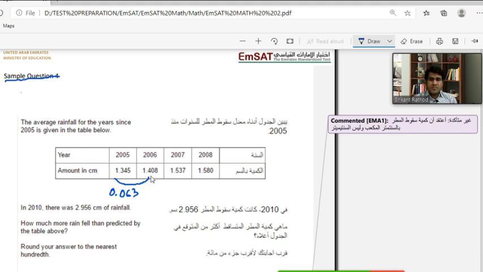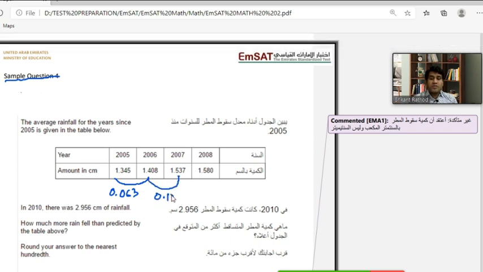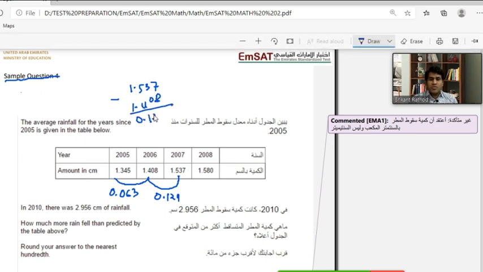6.3%. If you take the difference between 2006 and 2007 rainfall, it says 0.129. So how am I getting that number? 1.537 minus 1.408 gives you the difference as 0.129.